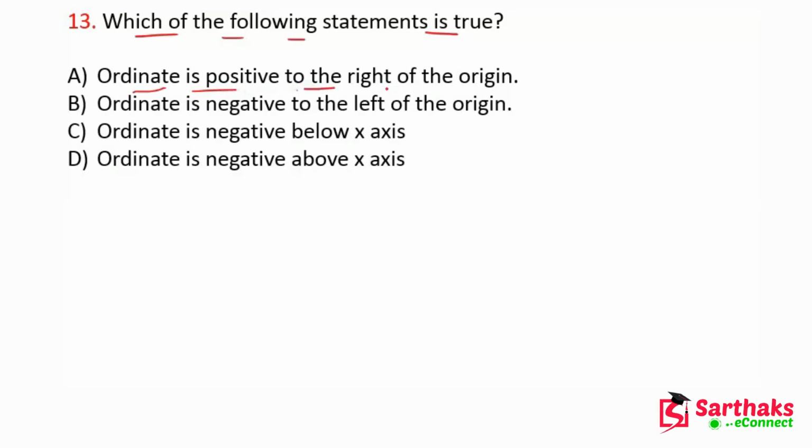to the right of the origin. Here is our Cartesian plane, and to the right of the origin is the positive x-axis. The x-axis means abscissa.